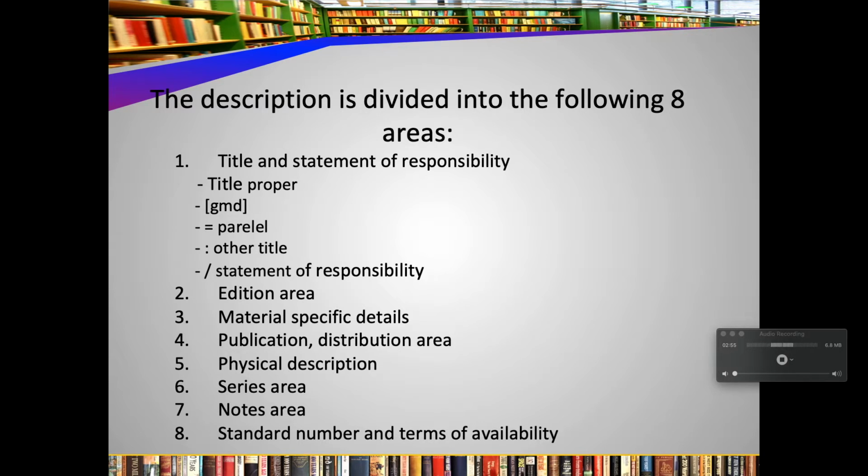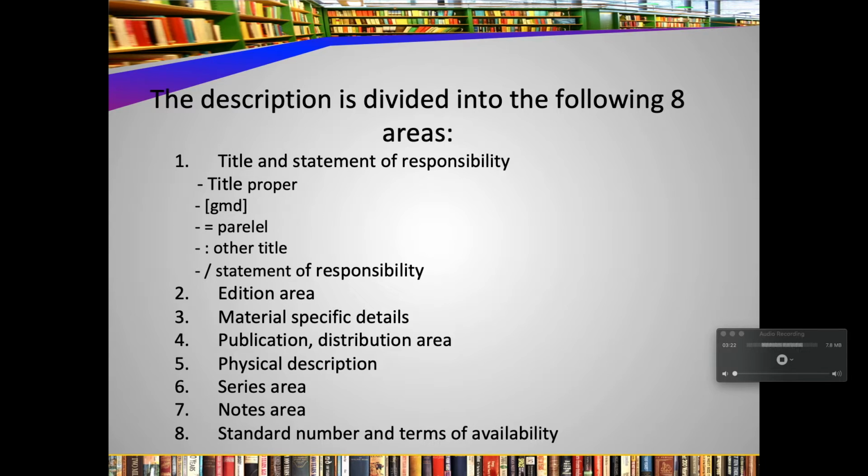Number 5, physical description. A description about the physical aspects of the information package. For example, number of pages, number of CDs or items issued as a unit, and their dimensions.